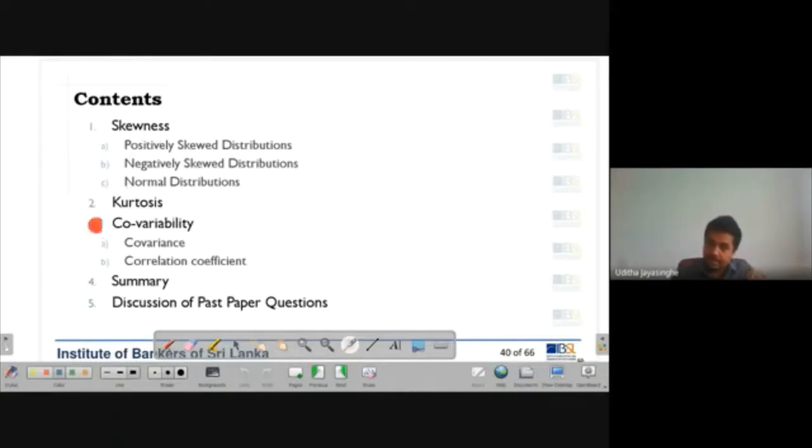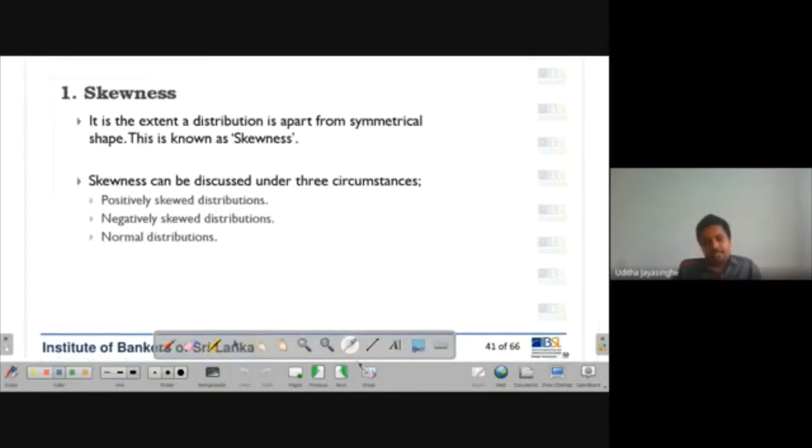But over here, with the covariability introduction, you are learning two variables, x and y, p and q, a and b, coming into the picture, where we are going to discuss how those things vary from one another, whether we can find relationships and how strong those relationships are going to be. Okay. With that introduction, let's try to learn the first part, that is skewness.